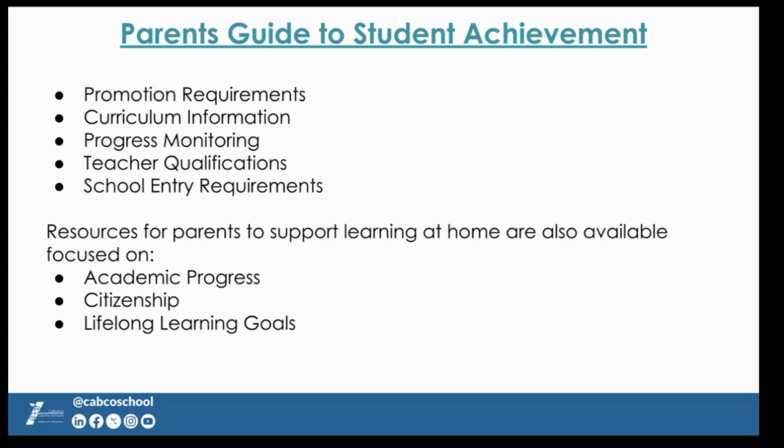For example, key components include helping parents understand the criteria for student promotion to the next grade, providing access for parents to review the standard course of study, textbooks, and supplementary materials found in each of our courses, to progress monitor or stay informed about their child's progress towards state and local academic standards, to know the qualifications and licensure status of their child's teachers, and to familiarize themselves with immunization requirements and schedules.